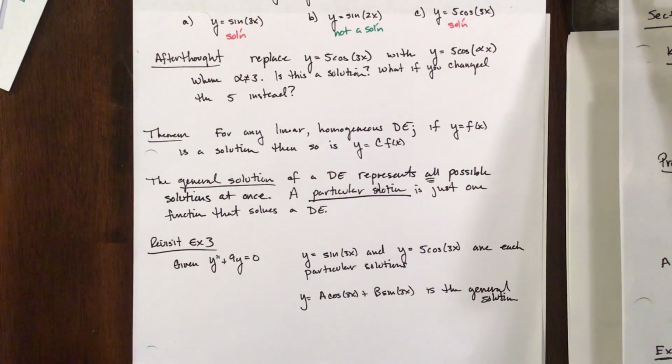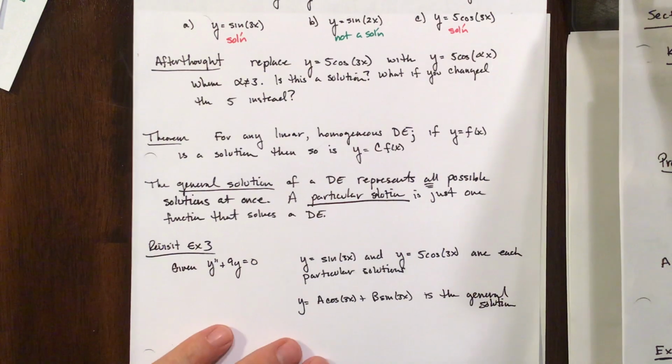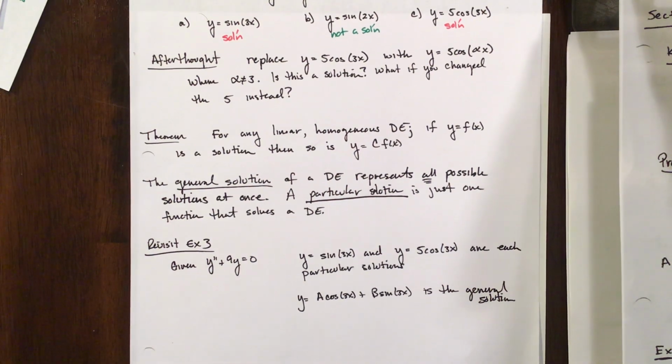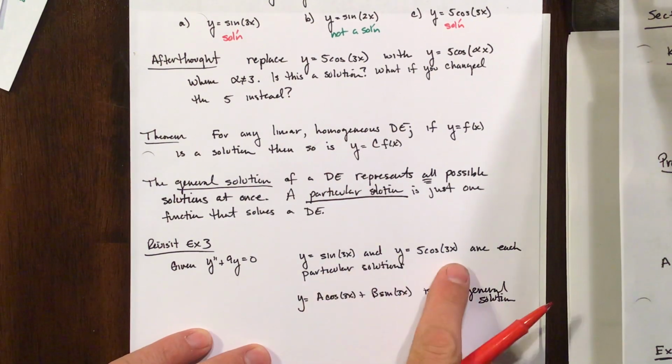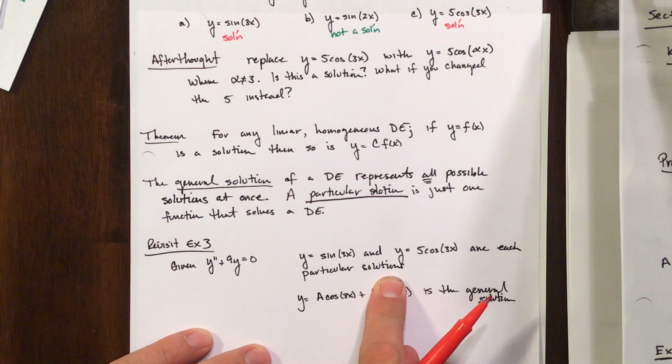A bit of vocab: the general solution to a differential equation represents all possible solutions at once. A particular solution is just one function that solves a differential equation. So we know from our work that sine 3x and cosine 3x are each particular solutions.